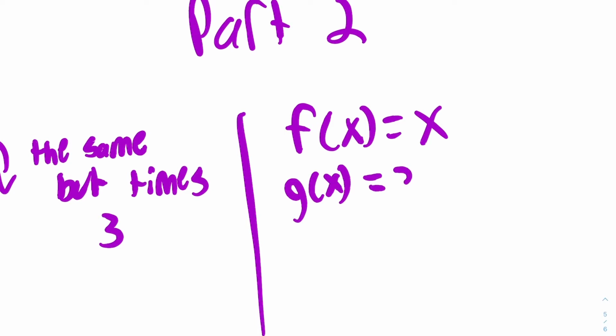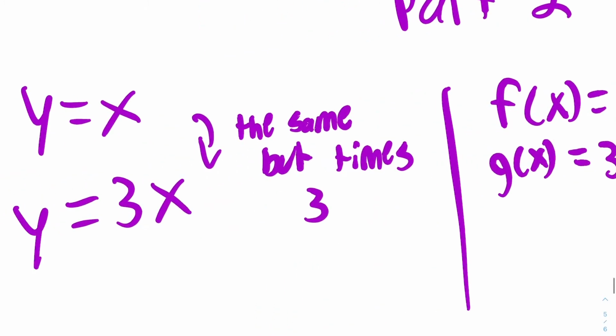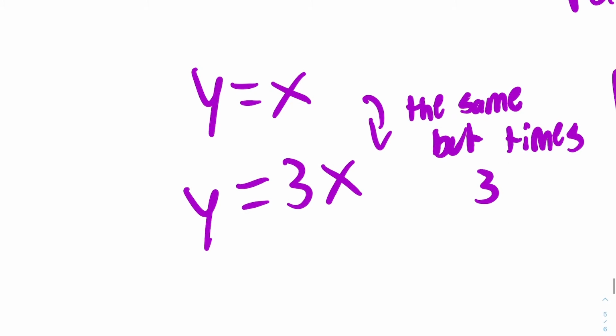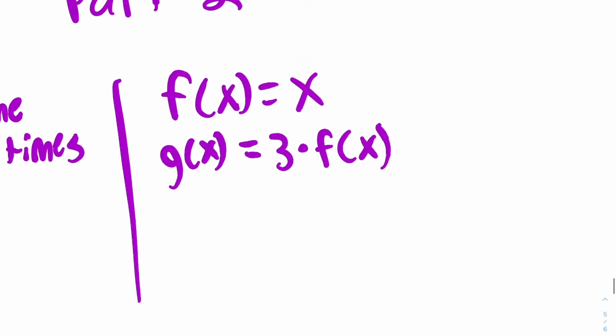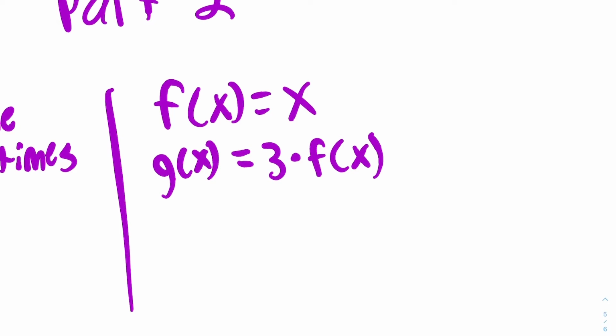This one is going to be 3 times f of x. Alright, so let's just look to the left. y equals x and y equals 3x. The only difference is the bottom one is 3 times the first one. Let's look over here. f of x equals x, and g of x equals 3 times f of x.